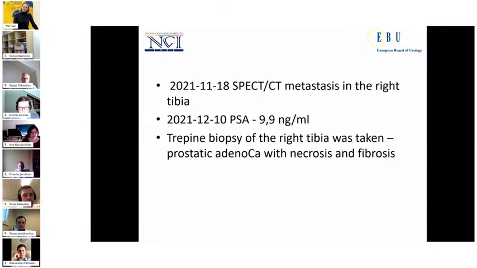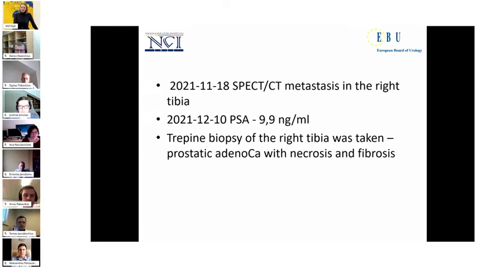In 2021 on SPECT-CT we found a metastasis in the right tibia. One month later, the PSA was almost at 10 nanograms per milliliter, so it is continuing to rise.